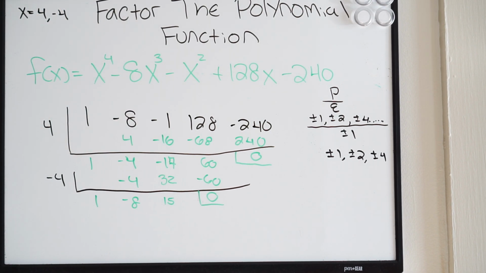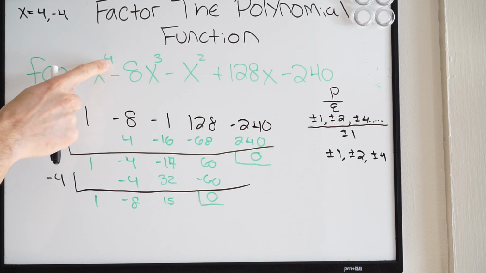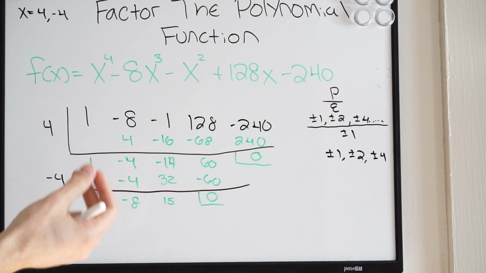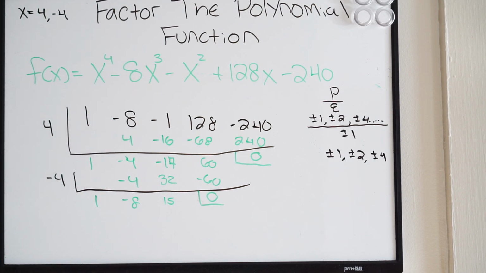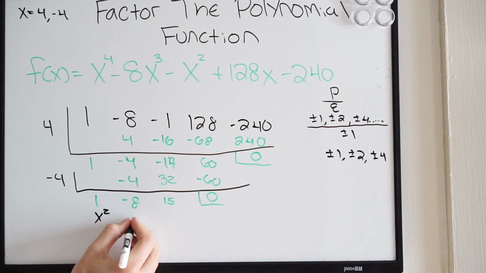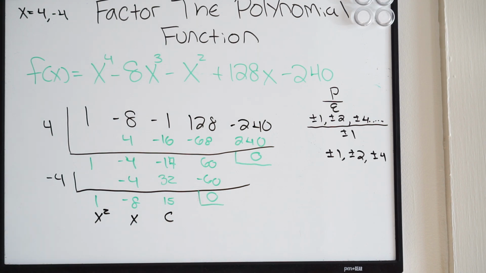Now recall when we divide, we're naturally losing a degree. We're losing one of those degrees when we divide. So when I divided the first time, this became to the 3rd power. And when I divided a second time, it's now to the 2nd power. So essentially what this means is I have x squared, x, and my constant.